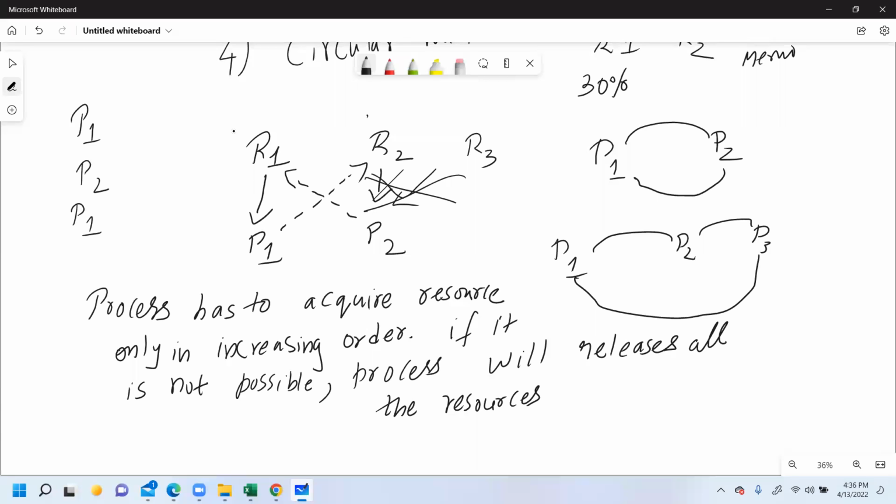R2 is already released, so P1 will come again requesting R2, and it sees that R2 has already been released by P2. Then it is going to take control of R2, and P1 is going to proceed with further execution. Once it's complete, P1 is going to release R1 and R2. In that case, P2 can acquire R1 and R2 or whatever. Is this clear?